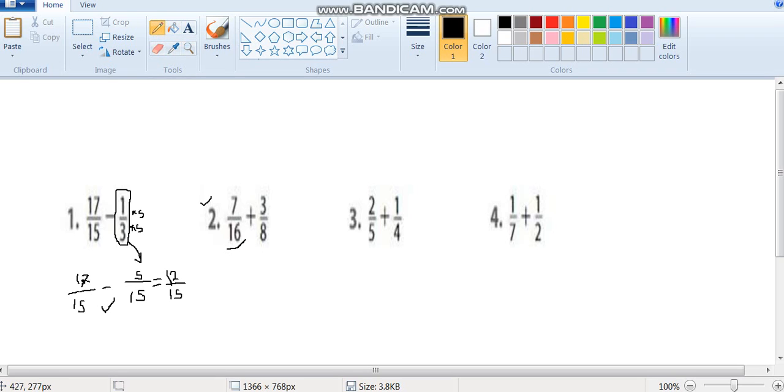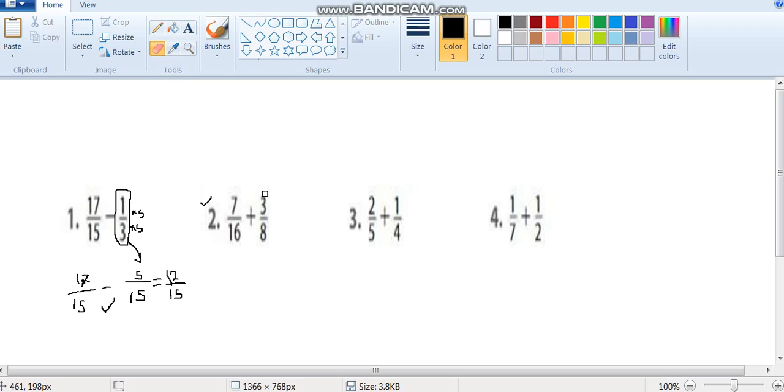The denominator here is 16 and here the denominator is 8. So I cannot plus them. They have to be common or the same. How to change them into the same? I think that 8 by multiplying by 2 will become 16.